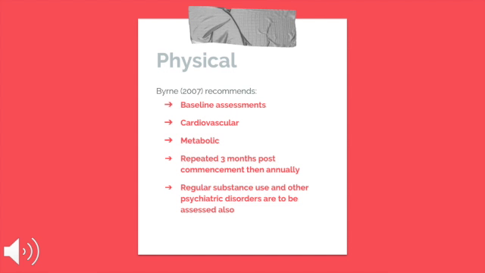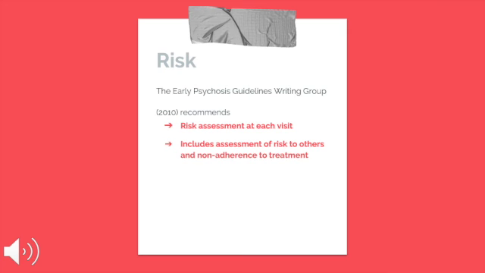In addition to these assessments, it is also recommended that substance use and other psychiatric disorders are noted and assessed at each physical assessment. The Early Psychosis Guidelines Writing Group recommends that risk assessments must be conducted at each visit. This must include assessments of risk to others and non-adherence to treatment.